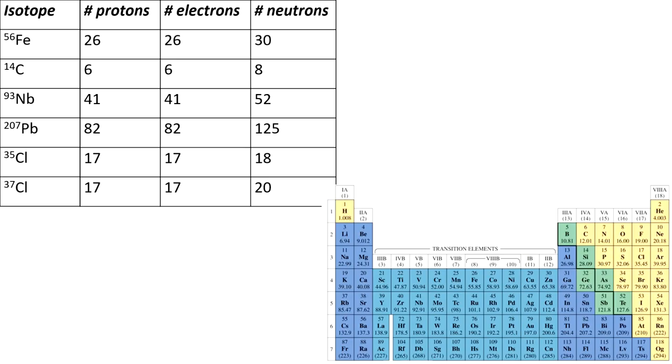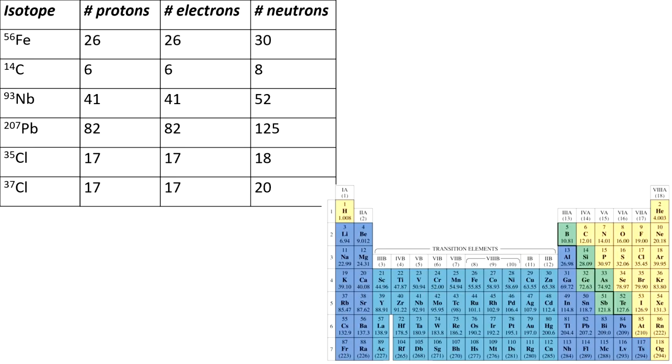Okay. Now continuing on, next up is niobium. You'll see that's in group 5. So if you go down to the second row of group 5, you have niobium, which has an atomic number of 41. So there's 41 protons, 41 electrons, and then 93 minus 41 gives us 52 neutrons.